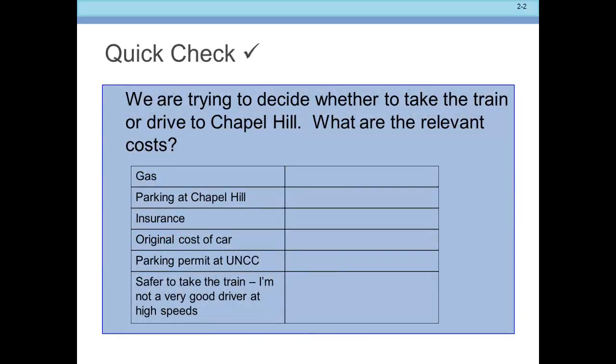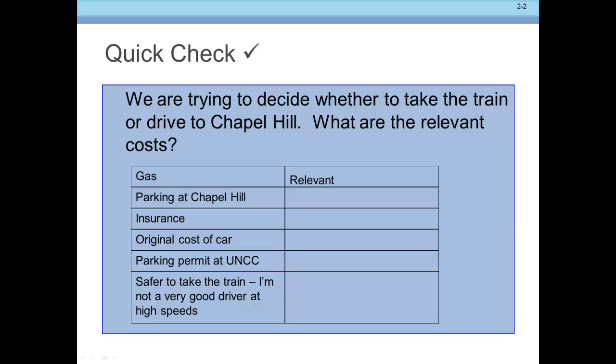If we're trying to decide whether to take the train or drive to Chapel Hill, which of the following would be relevant costs? Why would anyone want to go to Chapel Hill? That's like a complete waste of a road trip. Well, that may be the case, but let's just assume that's what we want to do. Is gas a relevant cost? It's relevant.